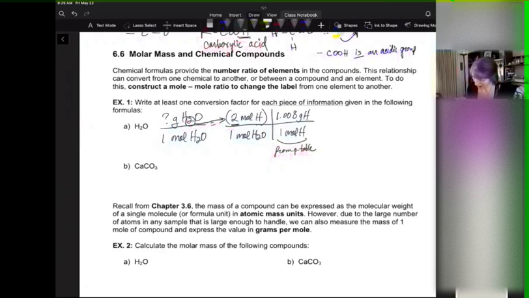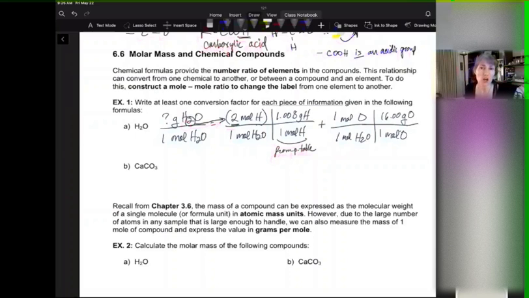Then we're going to add, right, we also have 1 oxygen for every 1 water, and that's a number relationship. So that's 1 mole of oxygen for 1 mole of water. And then we have 1 mole of oxygen by itself is 16 grams of oxygen.